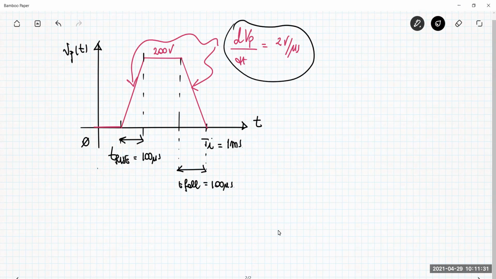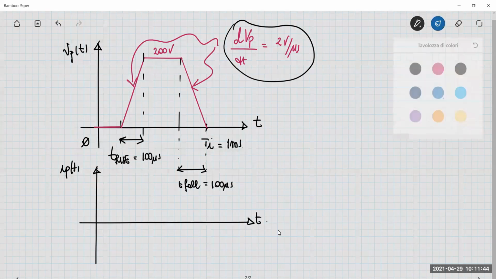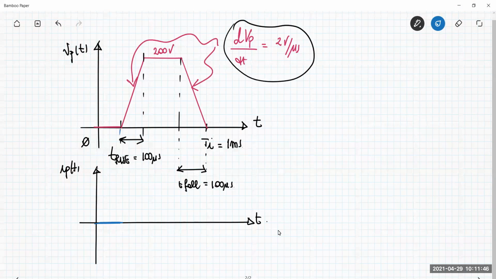The current is something like this. We have a positive current during the rise of the voltage.